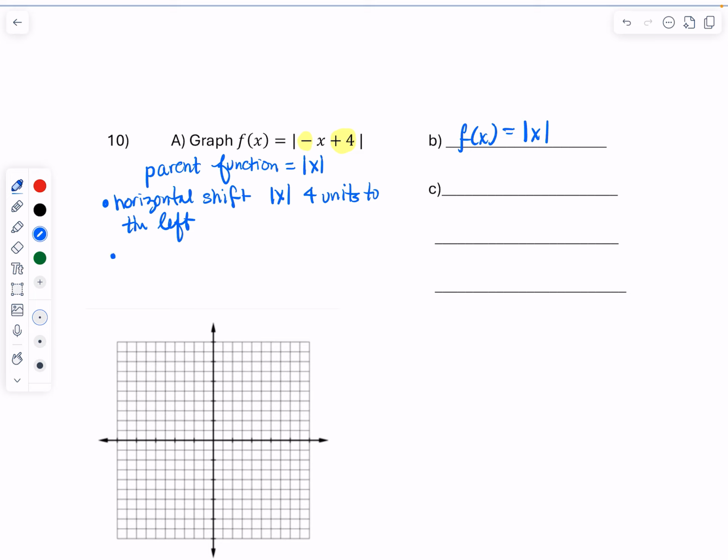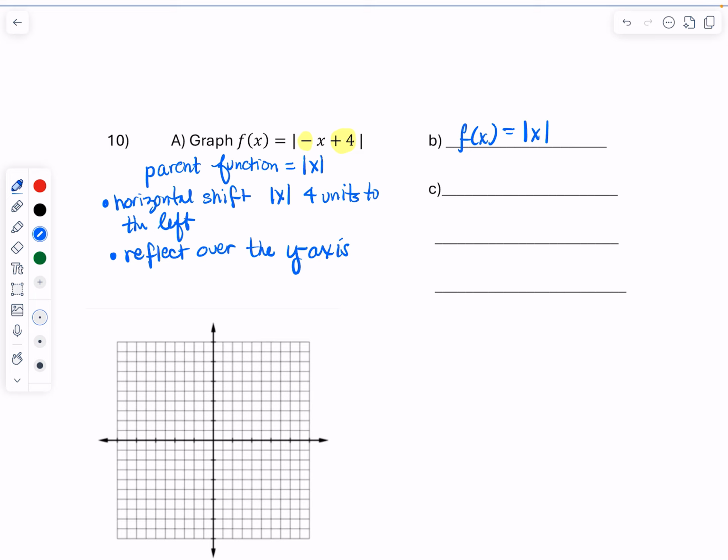And then the second thing I'm going to do is take care of that negative, which is a reflection. So I'm going to reflect over the y-axis. And the reason why I'm reflecting over the y-axis is the negative is inside the absolute value.